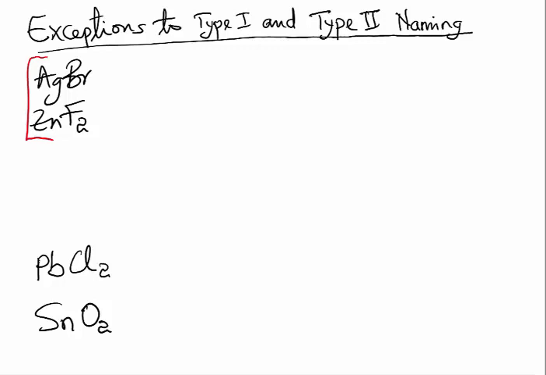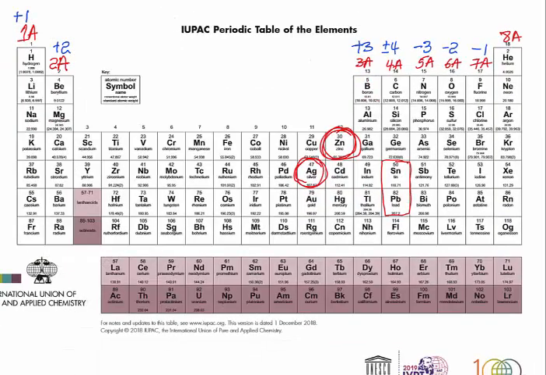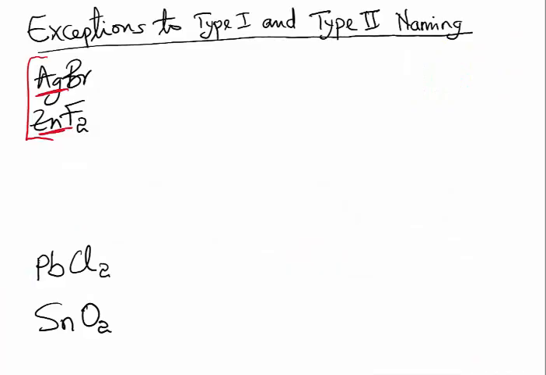Immediately you see them, the very first thing you would think about is, oh, this is silver and this is zinc. On the periodic table, they should be from the transition metal region. And you would be thinking about naming them like type 2 compounds.